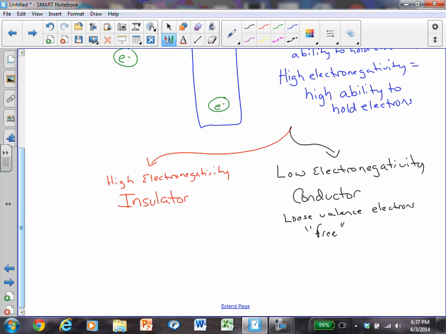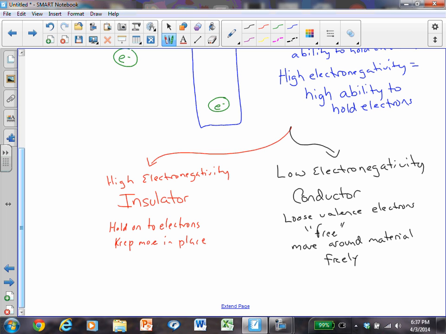They can move however they want in the material. Not so much with the insulators. Insulators hold on to their electrons and keep them more in place, but they're able to shift some in and around.